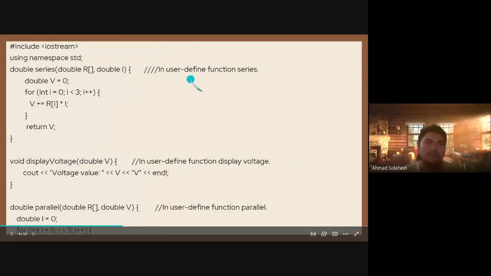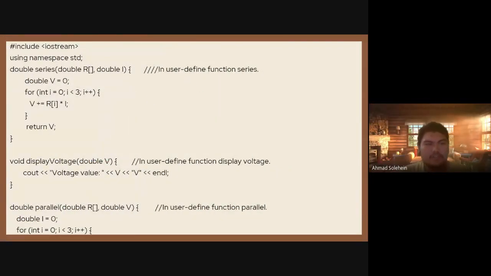My name is Ahmad Solehin, and I'm going to present our coding. As usual, we use include iostream, using namespace std, and then we use double series because there's no decimal point here. So we use double series with double R bracket, double I, and a curly bracket, a user defined function series.